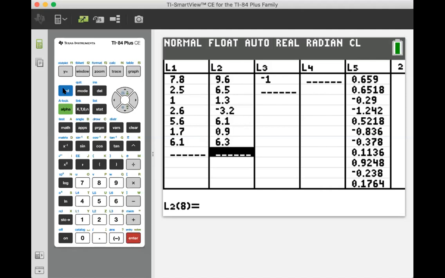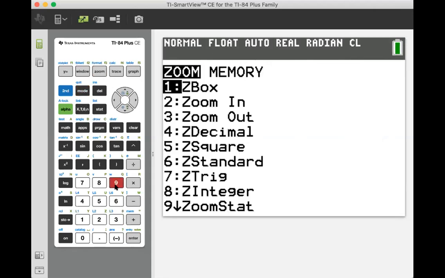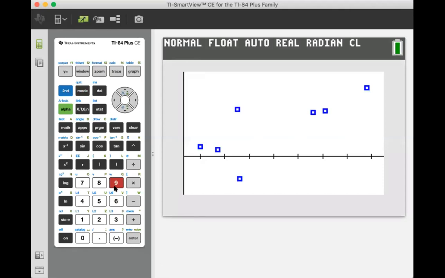Okay, so now everything's set up. The data is in the lists, and the plot is set up. So now I'm going to do zoom number 9, and here is our data.